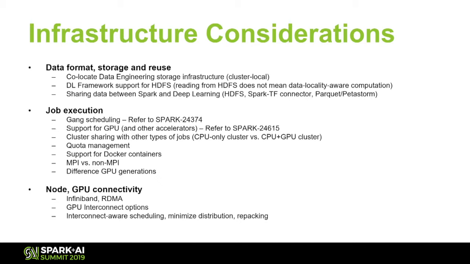This means that if you don't have something like gang scheduling, you can still use the traditional scheduling and resource allocation mechanisms that are available in big data processing, but that would just mean that we are going with a suboptimal workaround. For example, let's say there's a job that needs 16 GPUs, and only 10 GPUs get allocated in the first, let's say, first second, and 6 more GPUs are needed.